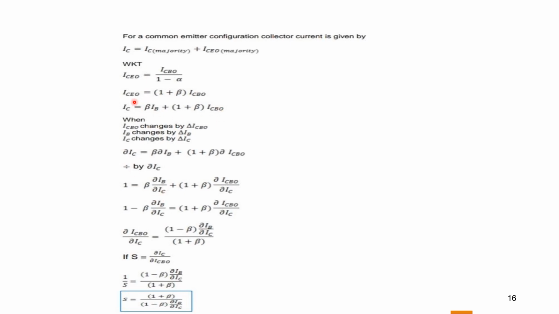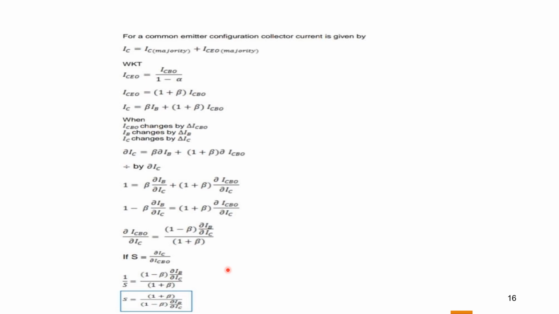So we need to get S. What is the formula for this? dou IC by dou IC naught. So differentiate this equation with respect to IC. Then we get dou IC naught by dou IC equal to this expression. So S is equal to (1 plus beta) by (1 minus beta into dou IB by dou IC).